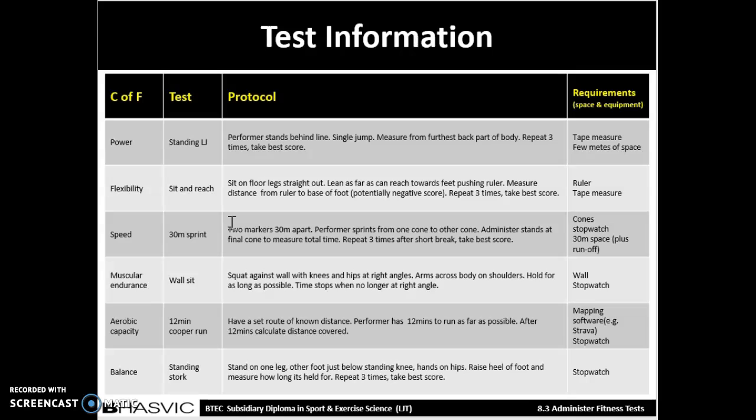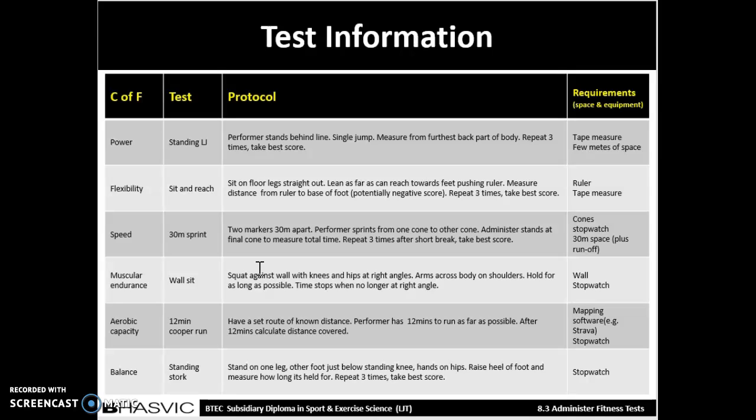The next test is a 30-meter sprint test to measure their speed, and this means that I have to set 2 markers 30 meters apart, and the performer would start from one cone and run as fast as they can past the other cone, from a standing start. Me as the administrator would stand at the final cone to measure their total time.